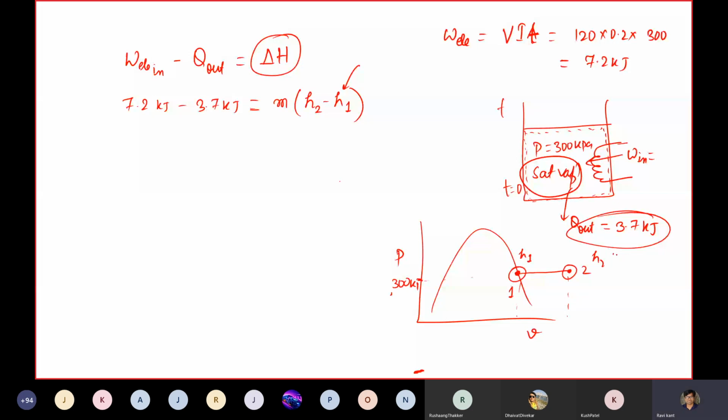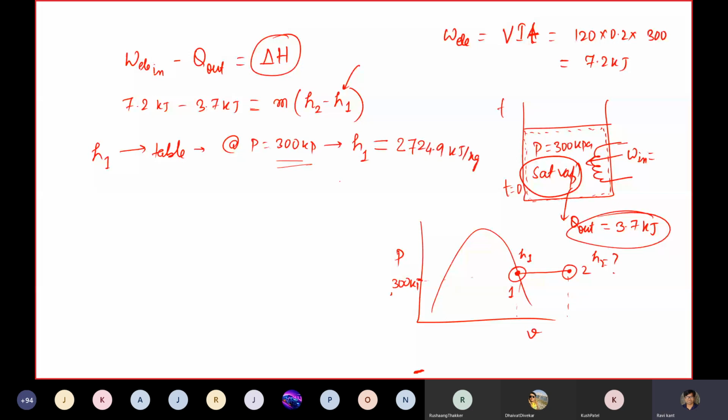Okay. So at pressure 300 kilopascal, as saturated vapor, what is my H1? If you go to the table, you will find that H1 comes out to be around 2724.9 kilojoule per kg at 300 kilopascal.